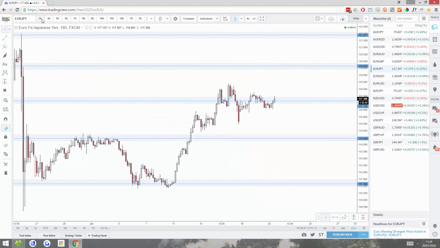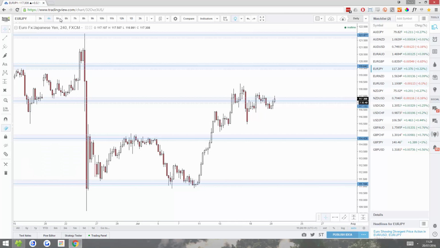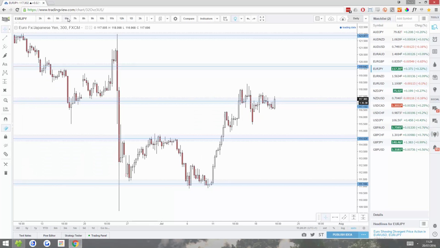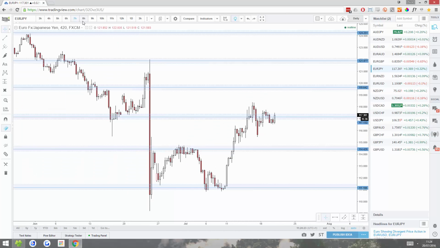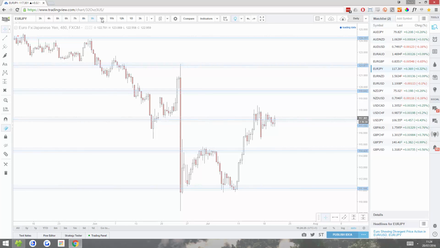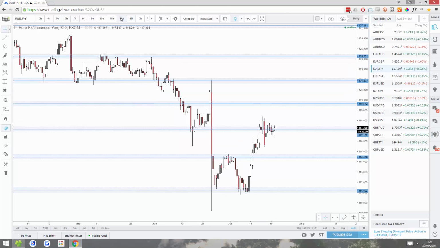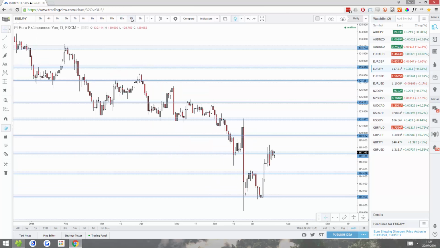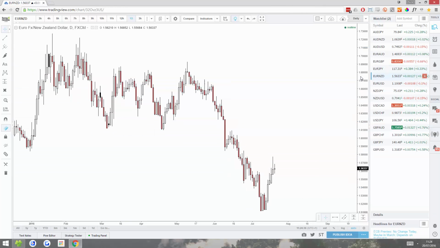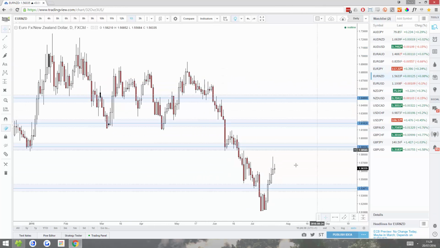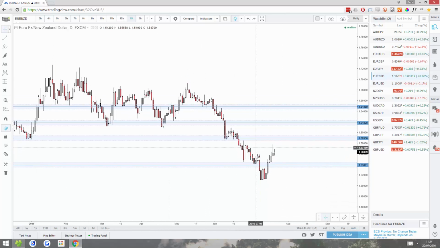What's that? Let's have a look at the lower time frames and see if this actually qualifies for a decent trade setup. Nah, nothing really on Euro JPY. Euro New Zealand, stuck between two support resistance areas.